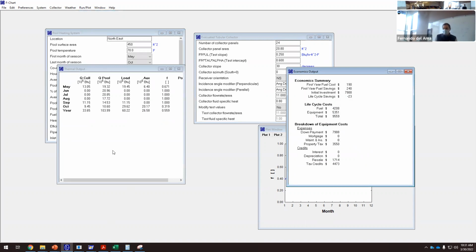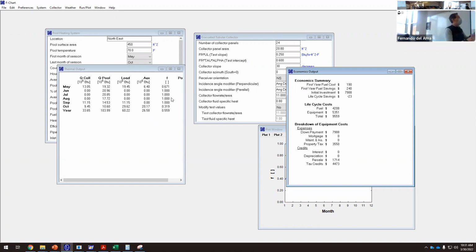Okay, that's it. So with 24 panels connected to this from May to October, we solve the issue. So we have the temperature of the swimming pool.